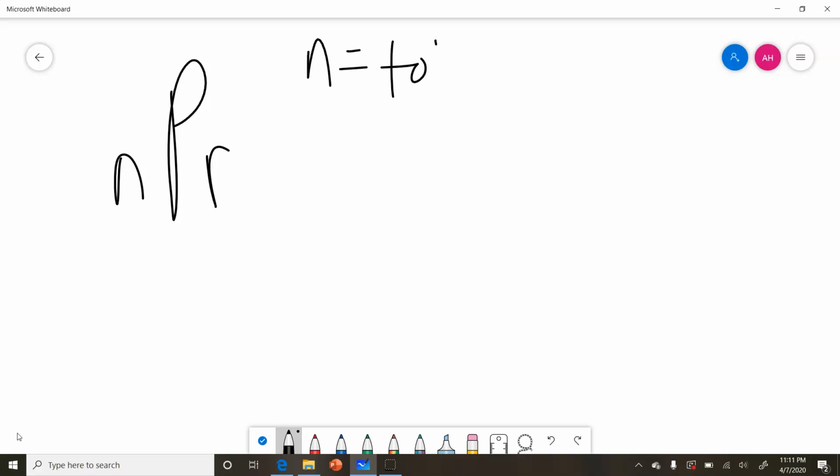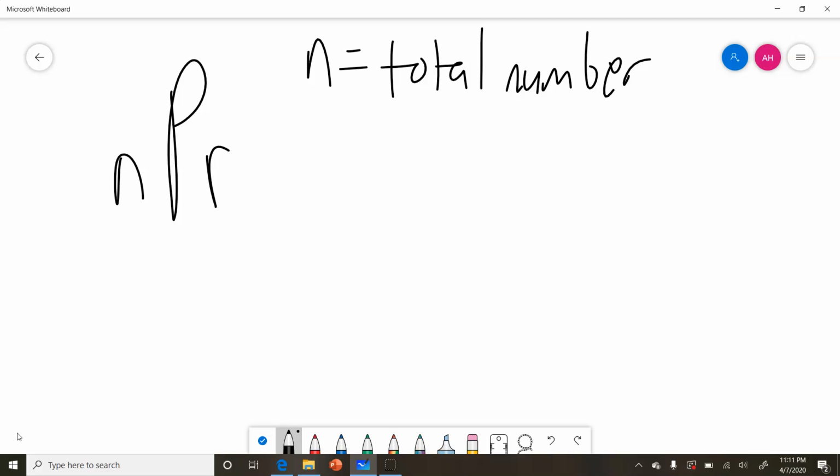That's the easy part. Now where it gets hard is we have this little formula. P stands for permutations, and we're going to have little n, big P, little r. Now you say, what in the world does that mean? Well, in this one, n is the total number.